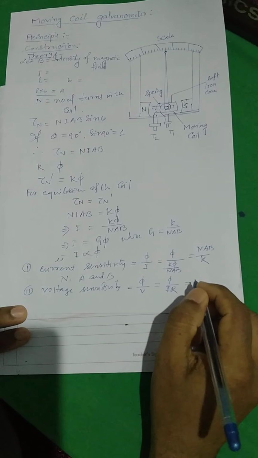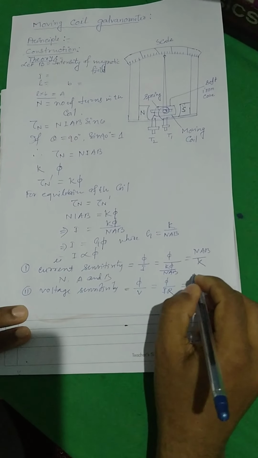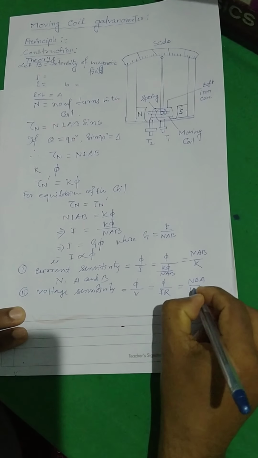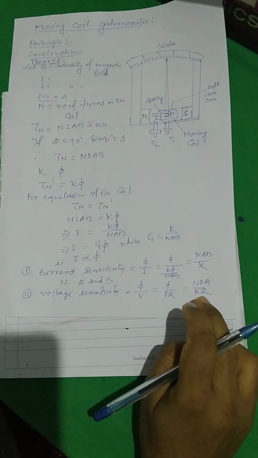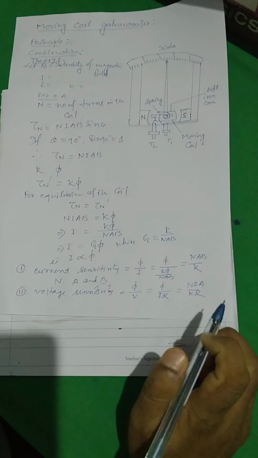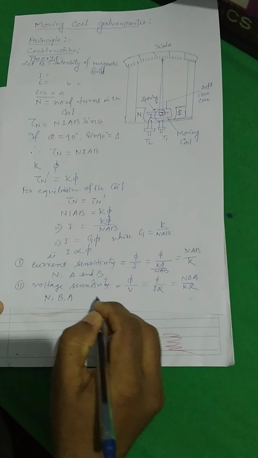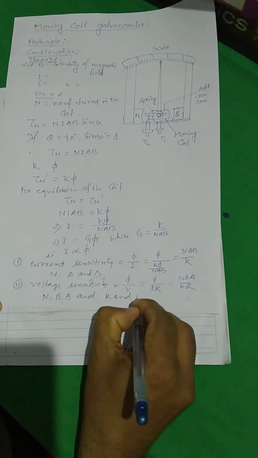So if you put the value of I and after calculating, we will get NBA by KR. So voltage sensitivity can be increased by increasing NBA and decreasing K and R.